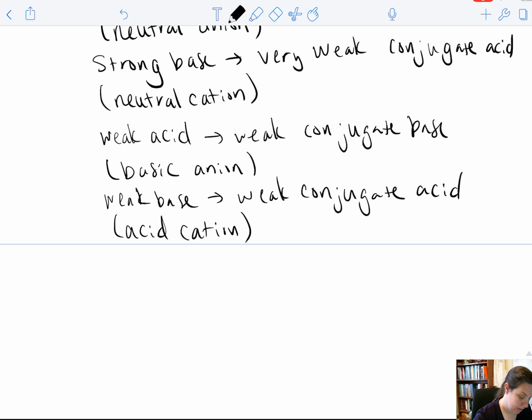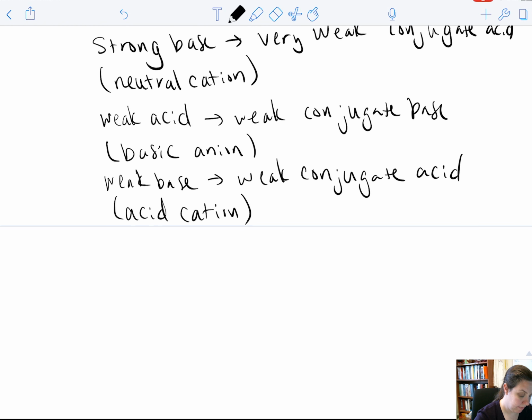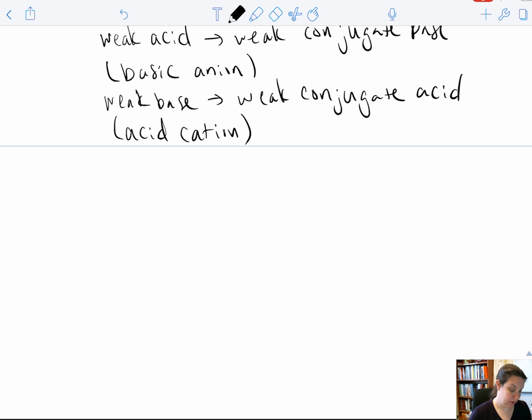So, if we think about the salts, so cations and anions that make up our salt.